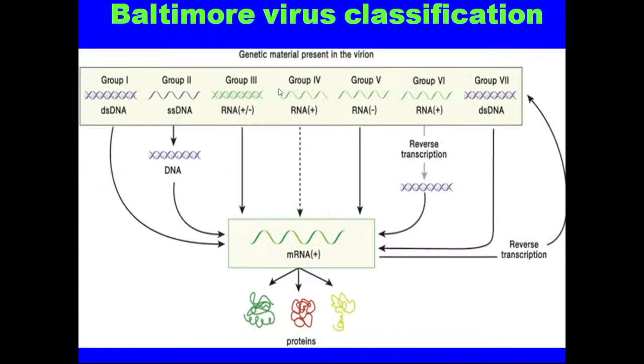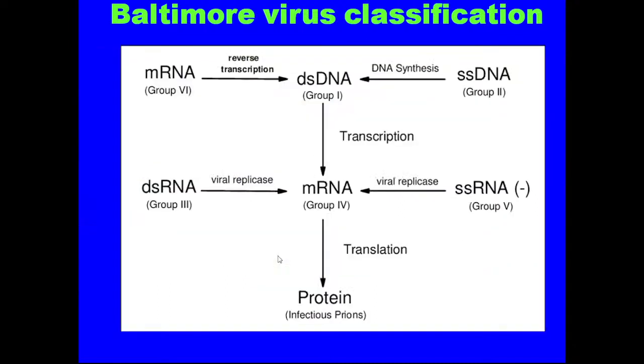As we stated, these viruses have a genome that can be recognized as mRNA. See, there is no synthesis here, there are dashes here. So it means the group 4 RNA can be recognized as mRNA, so it directly goes to the ribosomes to produce proteins.